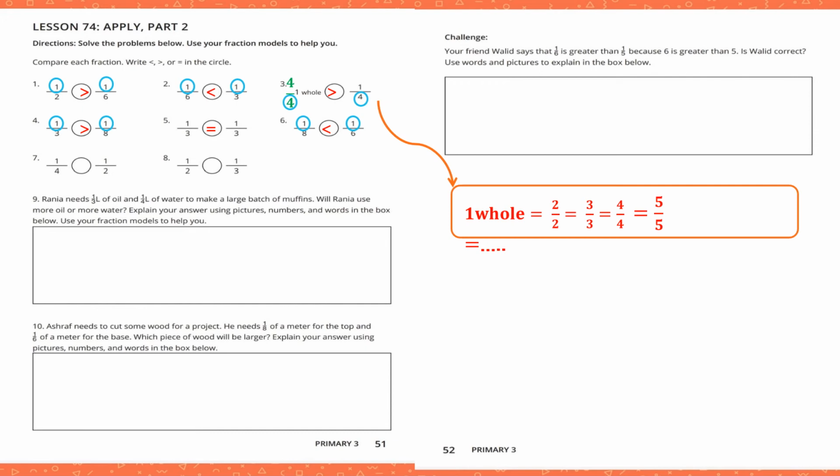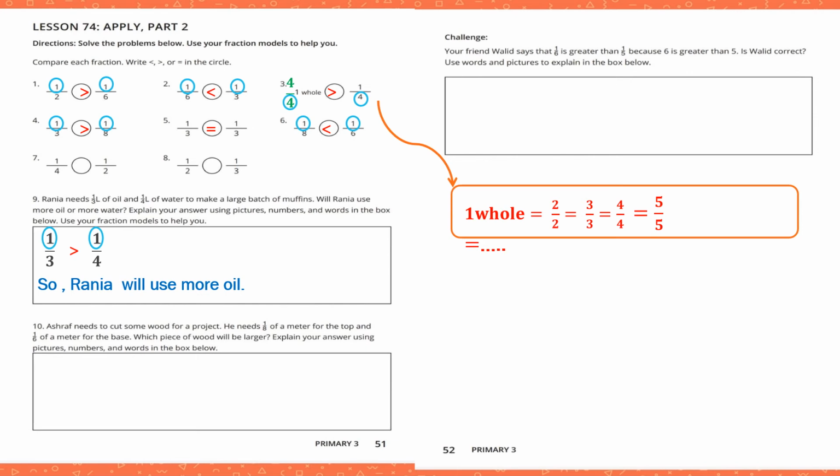We said before we have numerators 1 and 1, so the smaller denominator is bigger. So third is bigger. The same numerator, so the big denominator is smaller and the small denominator is bigger. Yes, it's crazy. So Rania will use more oil because we have a third in oil.